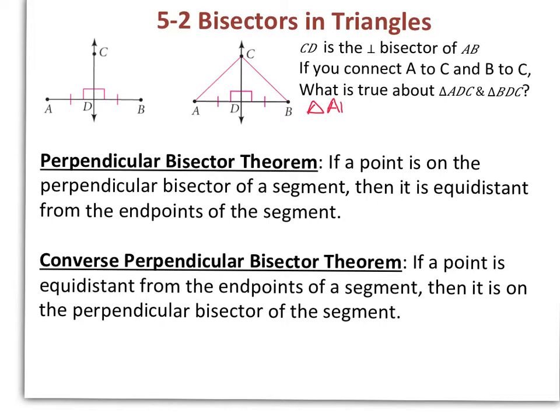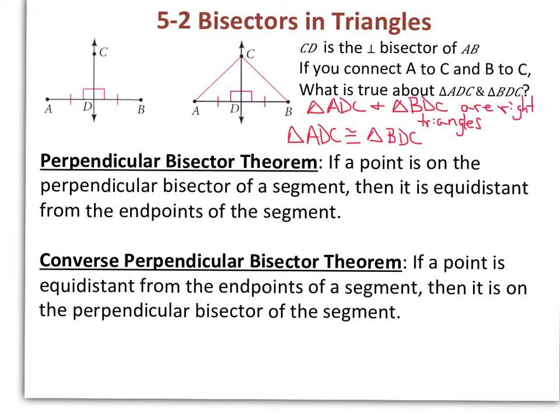So triangle ADC and triangle BDC are right triangles. And I can also say that triangle ADC is congruent to triangle BDC.